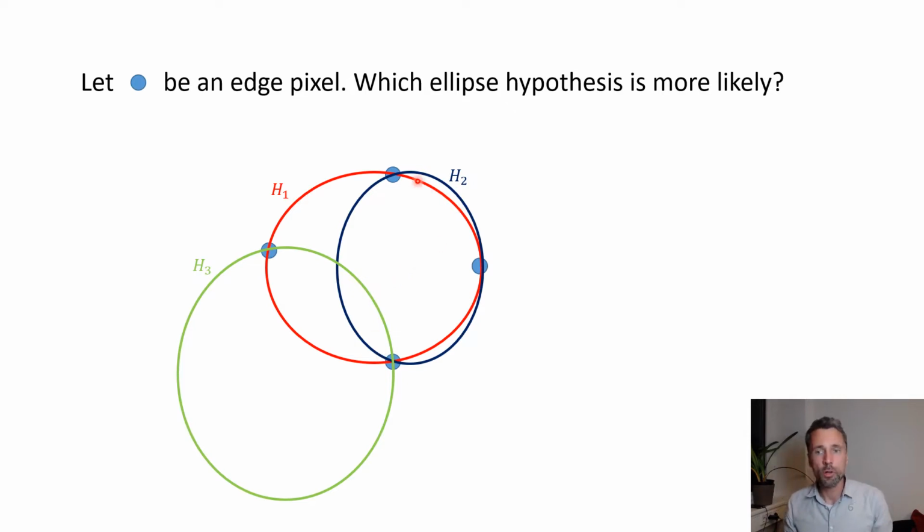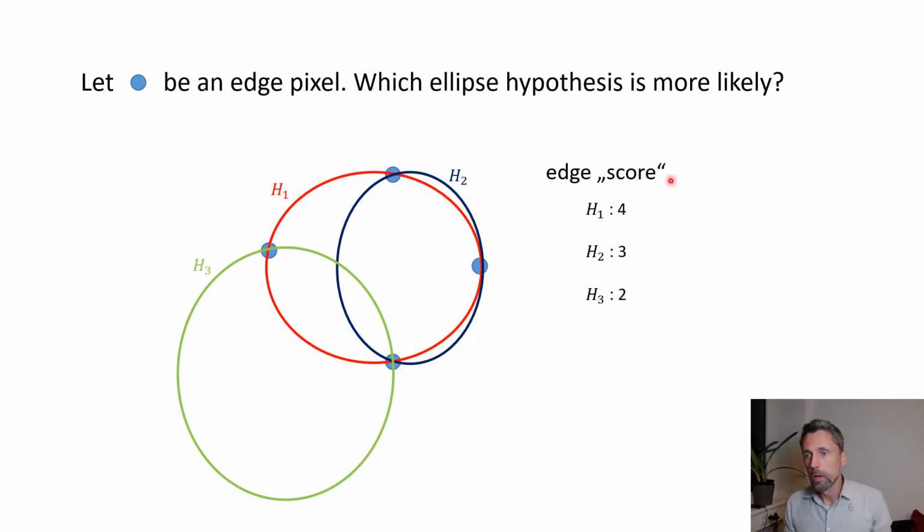So if we had an image structure that is similar to this red circle here, we could find edge pixels at these locations, and the other way around, by seeing only these edge pixels, the first hypothesis would be supported with 4 votes, right? But that doesn't make it right per se, because other hypotheses, like this blue or this green circle here, would also be supported by these edge pixels, although with a lower vote count.